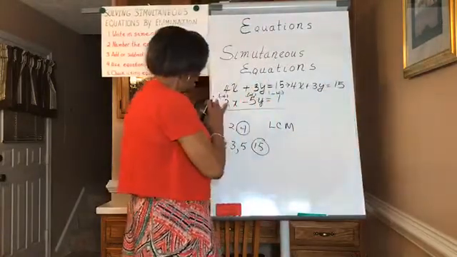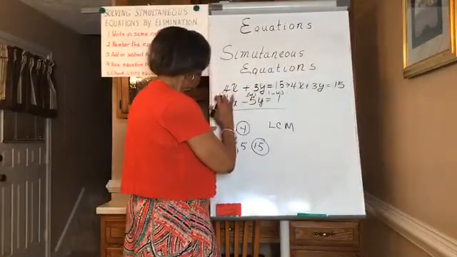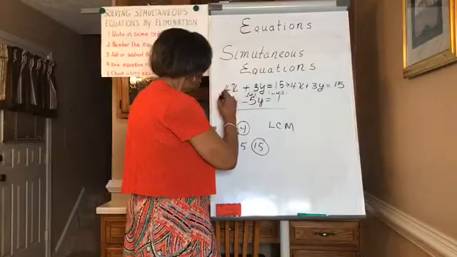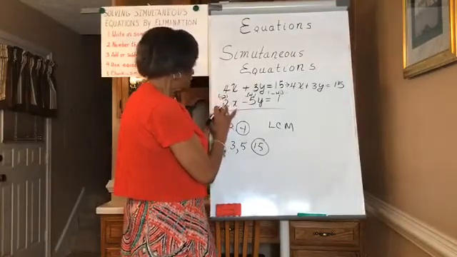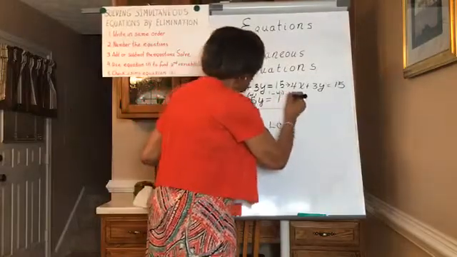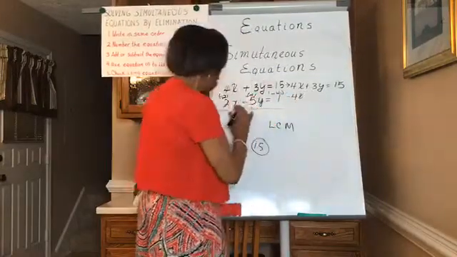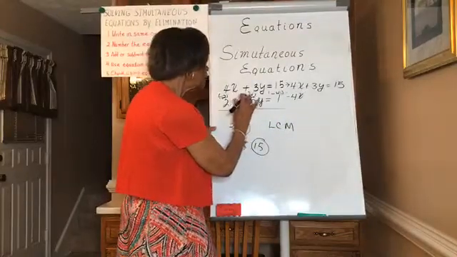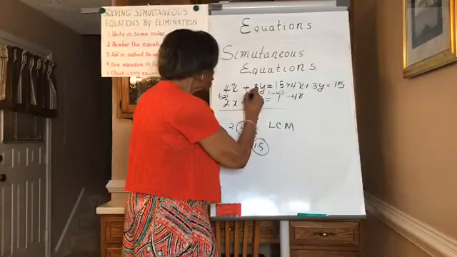Now, when I multiply -4 times 2... I don't know why I put those 4's there.